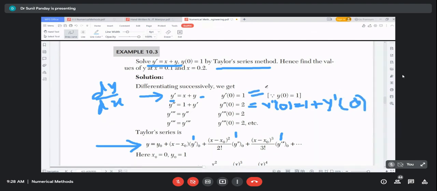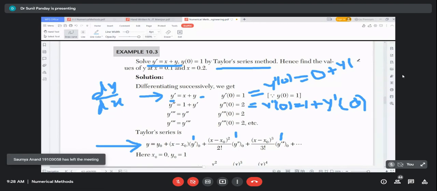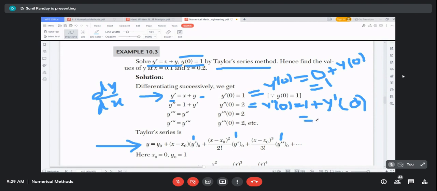We calculate from here. y dash 0 is 0 plus the value of y at 0, because wherever there is x we have to substitute 0. What is the value of y0 given to us? The value of y0 is given as 1. So y dash 0 is 1. Now you substitute the value of y dash 0 here. You will get 1 plus 1 equals 2. So this is the value of y double dash 0.